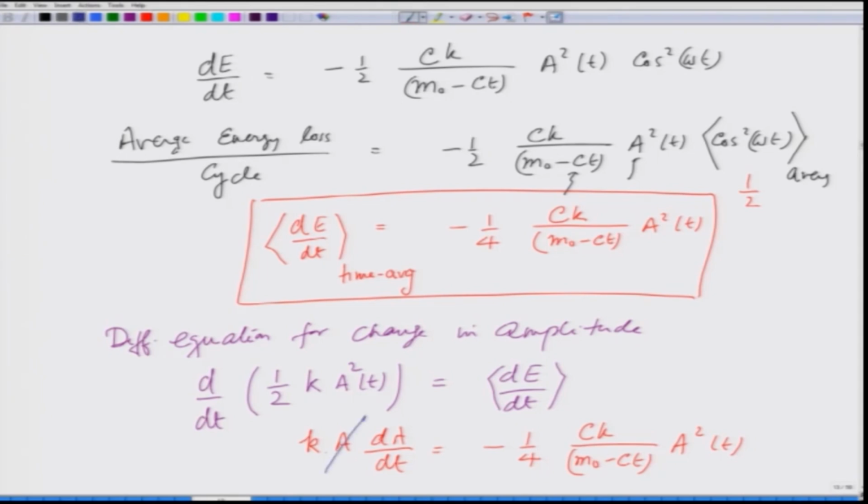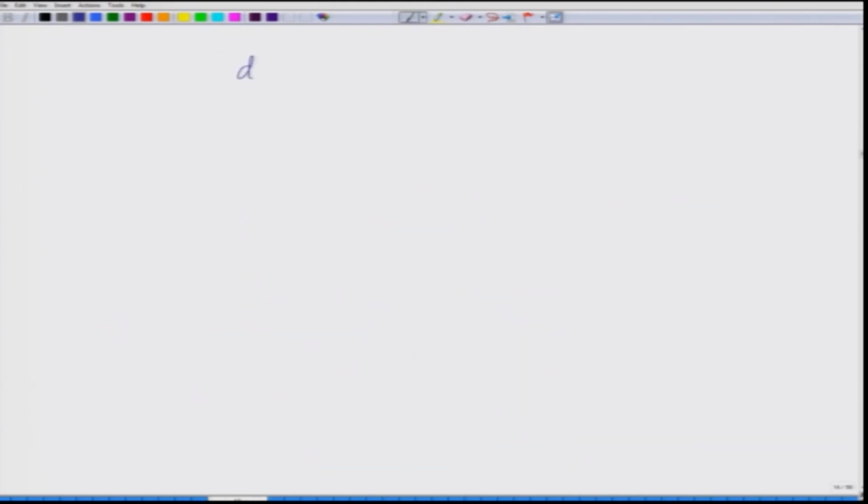So, this A cancels this square, and this k cancels this k, and therefore, I get dA by dt is equal to minus 1/4 c over m naught minus c t, times A. This is the differential equation for the change in the amplitude.